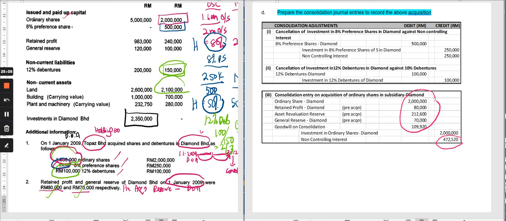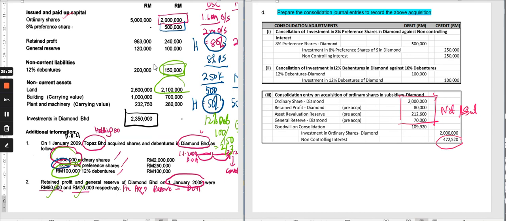So here is the net asset actually, excluding goodwill. Goodwill is the asset that arises through the business combination. So that net asset will give you a goodwill of 109,920.